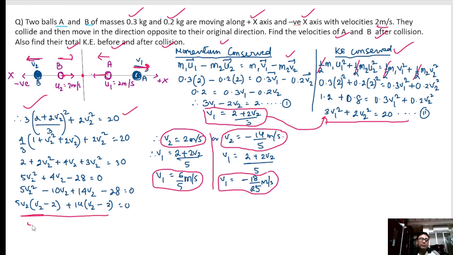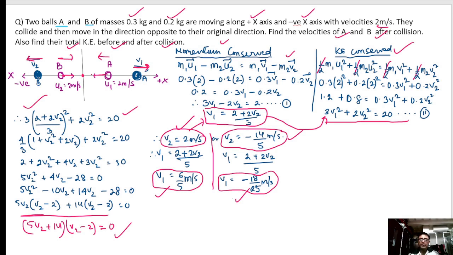This is 5v2² + 14v2 − 2 = 0. So solving it, we are getting v2 as 2 or −14/5. Now we will put v2 in this relation and get v1, which is 6/5 and −18/25. So these are the velocities of the particles on return after collision.